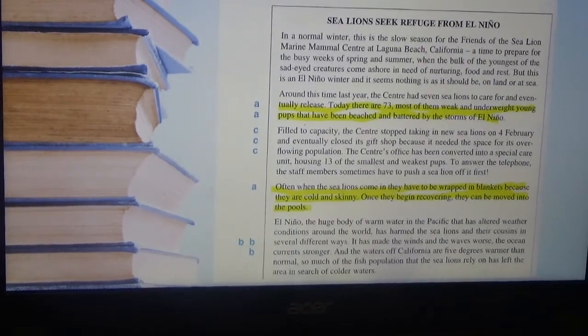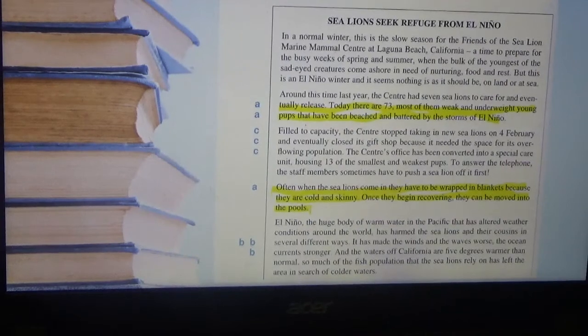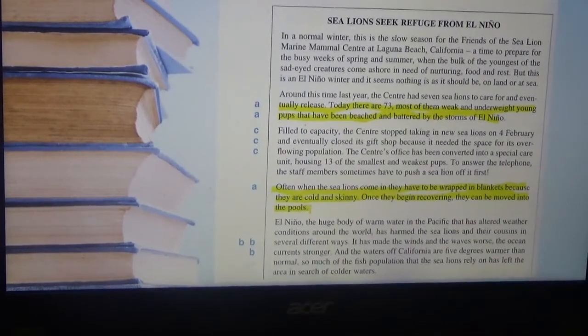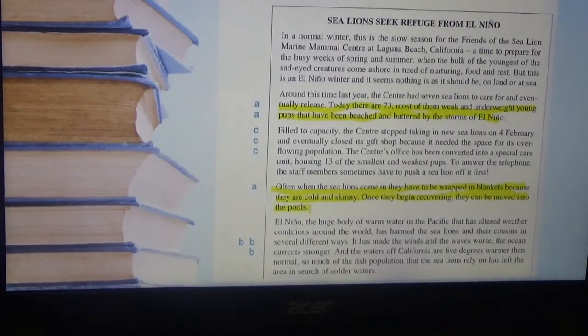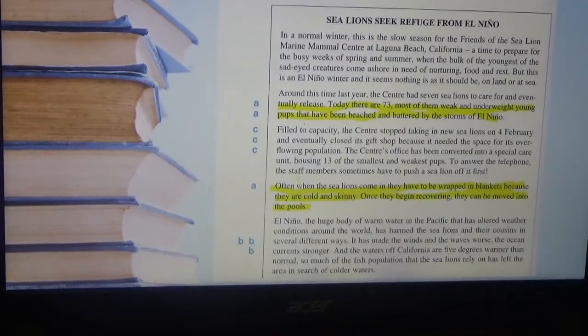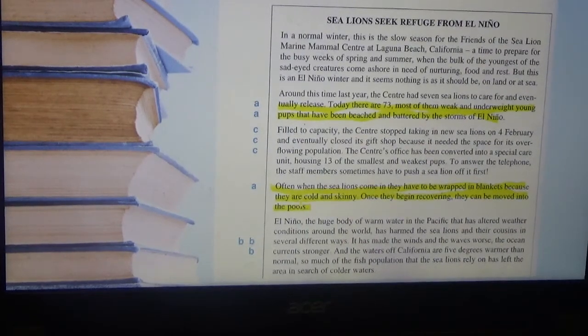You're free to choose which points. Okay, this is just a sample of how to deal with the question.